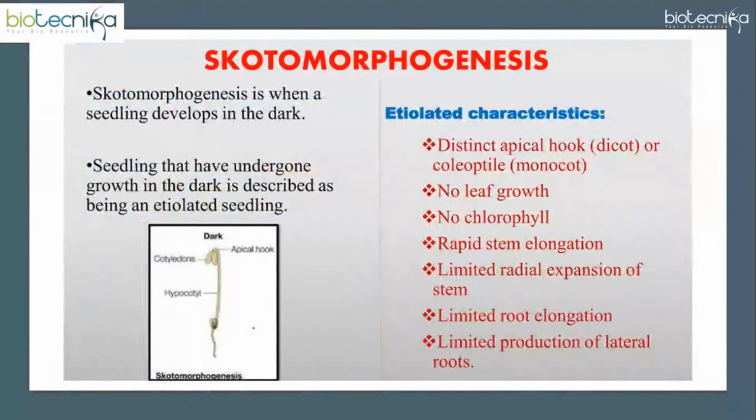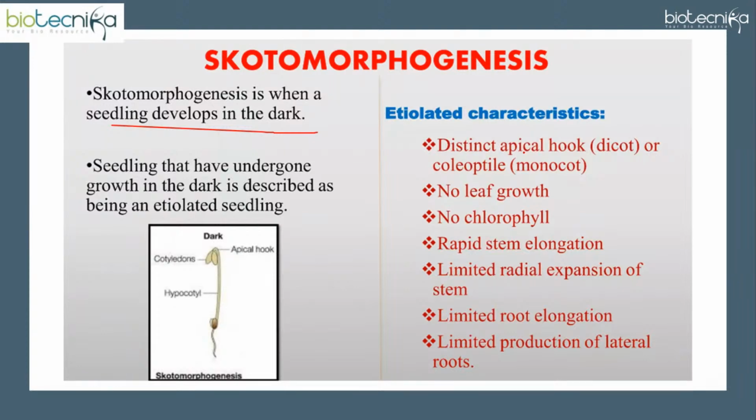Now, contradictory to that, the scotomorphogenesis part is when a seedling develops in dark conditions. If you remember just one, you will be able to remember the other. It is not necessary that you remember the features of both photomorphogenesis and scotomorphogenesis. You can remember one just to avoid confusion, because all the features mentioned here will be opposite.